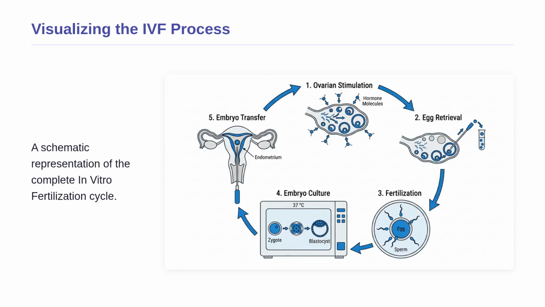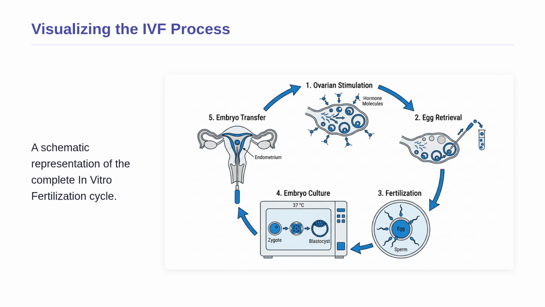Before we move on, let us see this entire process visually. This diagram maps out the complete IVF journey. Starting at the top, you can see ovarian stimulation, where hormones act on the follicles. Following the blue arrow to the right, we see the egg retrieval process using a specialized needle. Down at the bottom is the fertilization stage, taking place in a laboratory dish.